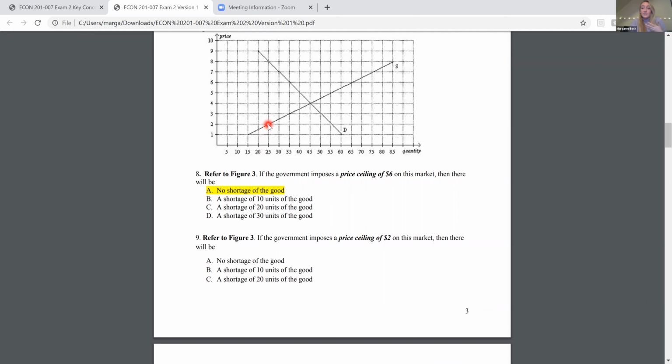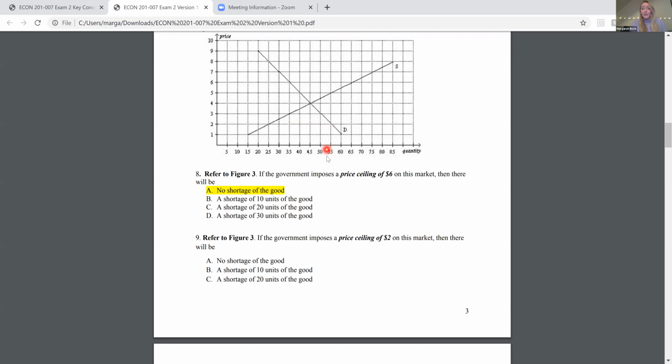However, since the price is now lower than what it used to be, the quantity demanded for this good is actually going to go up compared to what it was in equilibrium. So before, people were demanding 45 of this good or service, but now that the price is lower, the quantity demanded goes up to 55.